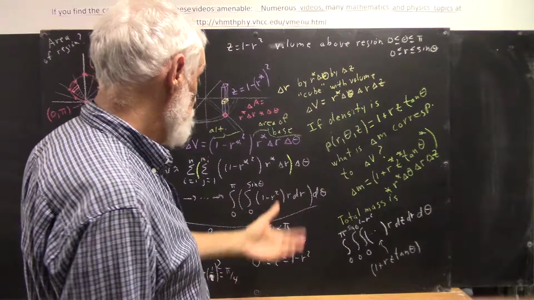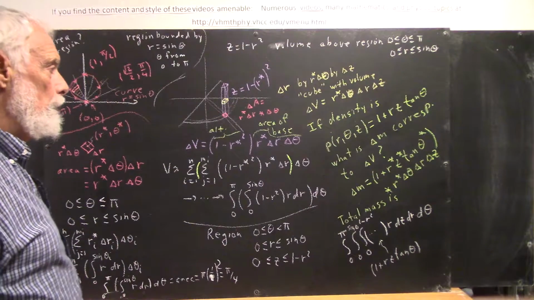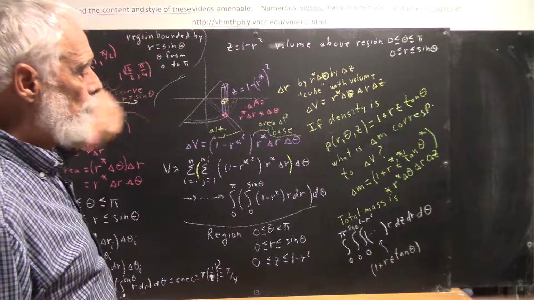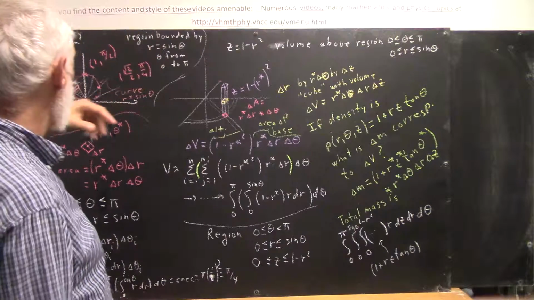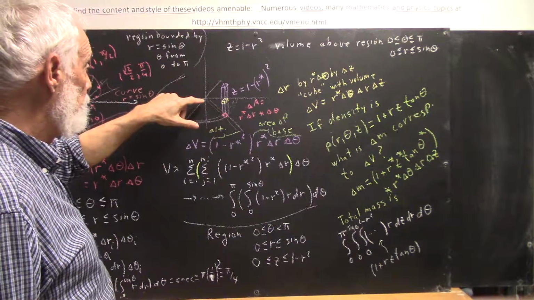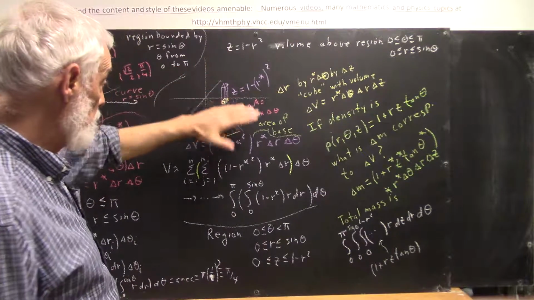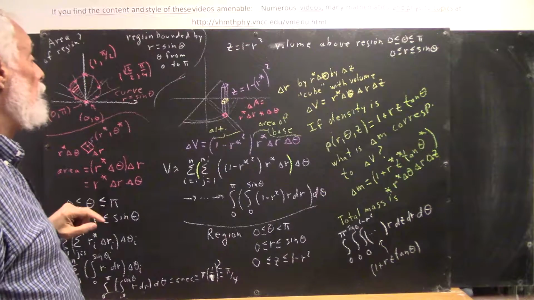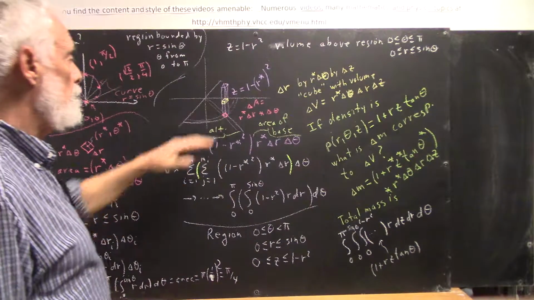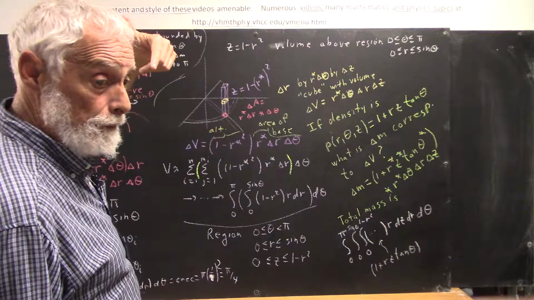And that integral is going to give us the volume of the region between this curve down in the xy plane, and that curve would be like here in the xy plane, circle, and below the graph of z equals 1 minus r squared.